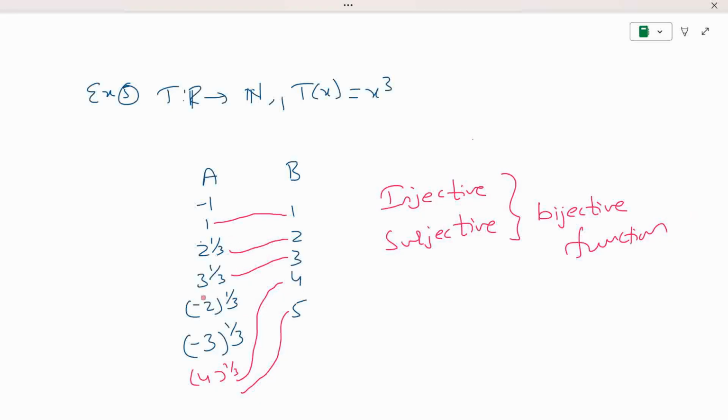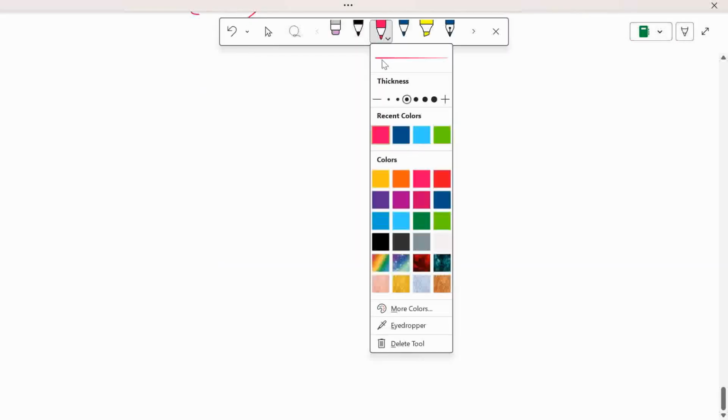Now we have seen these three types of functions: injective, surjective and bijective functions. What are the real world applications of these functions? One is in cryptography. Mathematics is very important for engineering and science, like physics mainly.